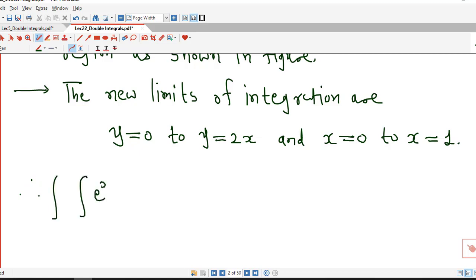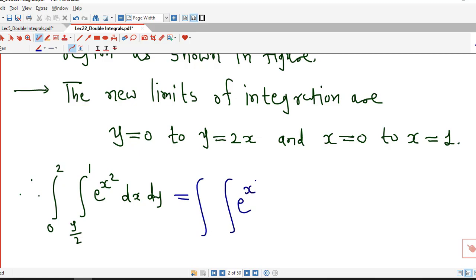So first we write down the given double integral. It is dx dy. It was from x equal to y by 2 to 1 and y equal to 0 to 2. So after changing the order of integration, we obtain new limits of integration. The order is also changed.